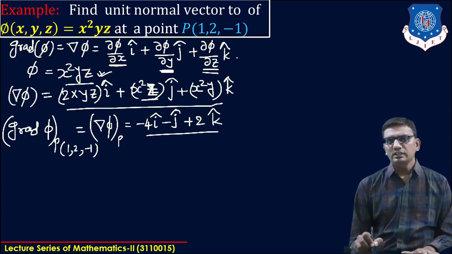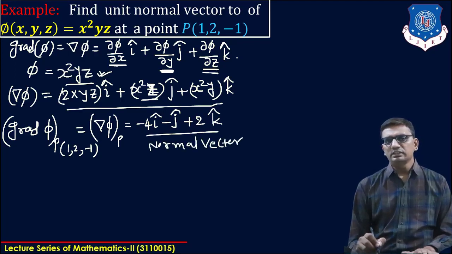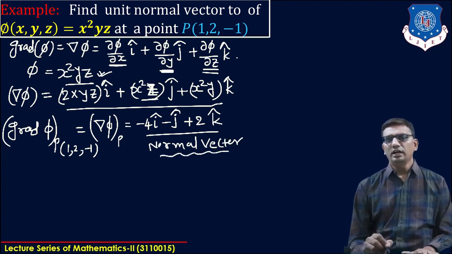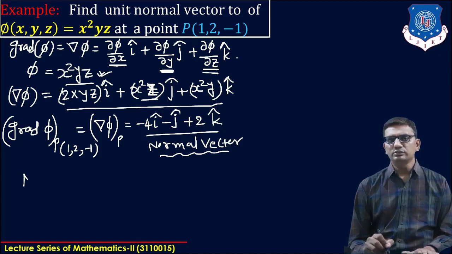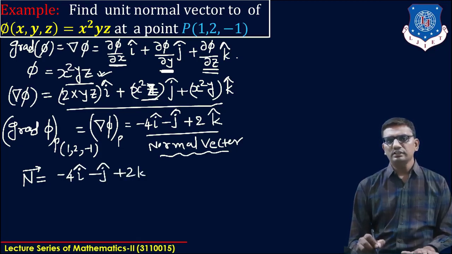So finally our normal vector to the surface is -4i minus j plus 2k. Now we want to find the unit normal vector to the surface. So n bar is -4i caret plus (-j caret) plus 2k caret.